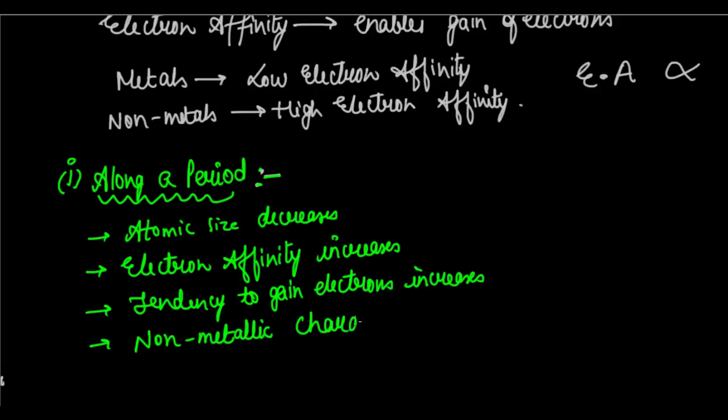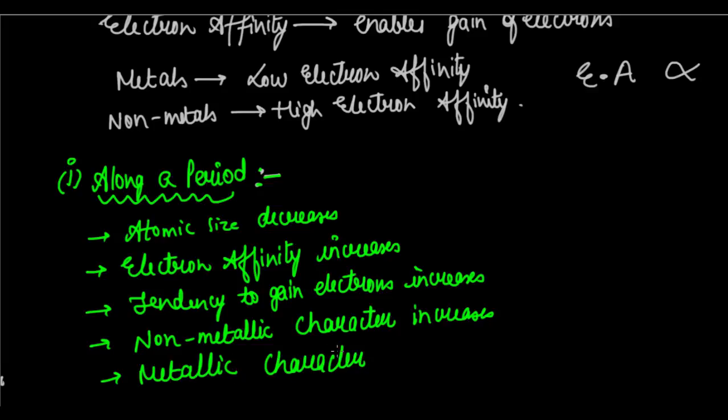Non-metallic character, that is, they have a tendency to gain electrons, that character increases, and ultimately metallic character decreases. Right, so that increase and decrease of metallic character can be explained with the use of ionization energy or with the use of electron affinity as well, right?